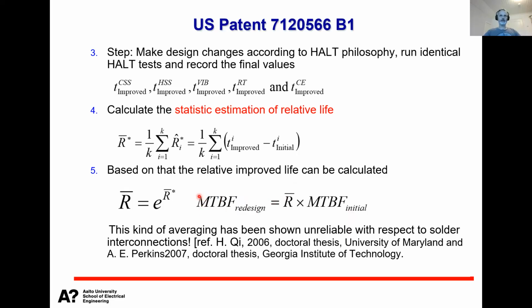I think that depends quite much on the system. There have already been, several decades ago, quite many studies, doctoral theses showing that at least for solder interconnections, this is not true. So you cannot basically use this. It does not give any reasonable value.